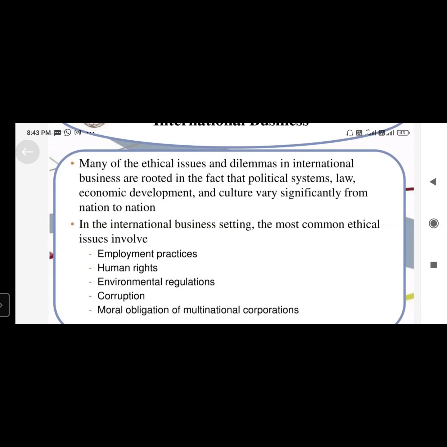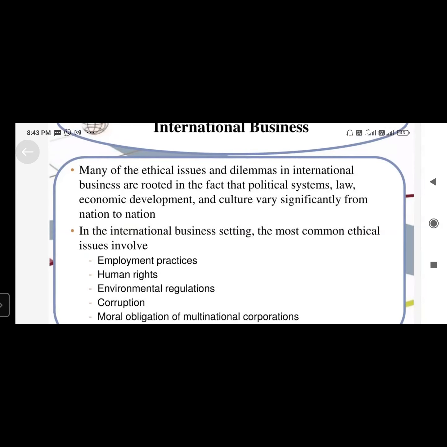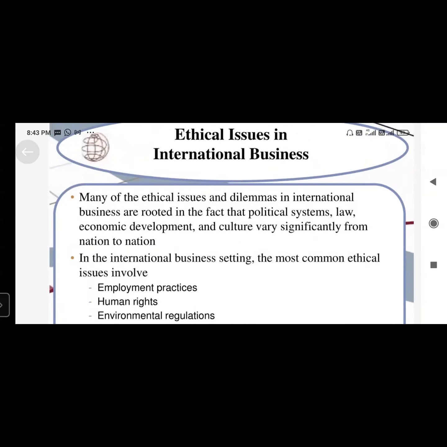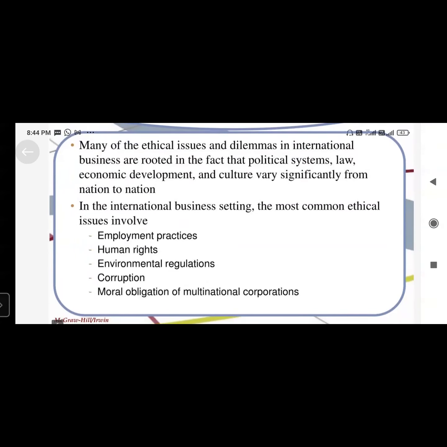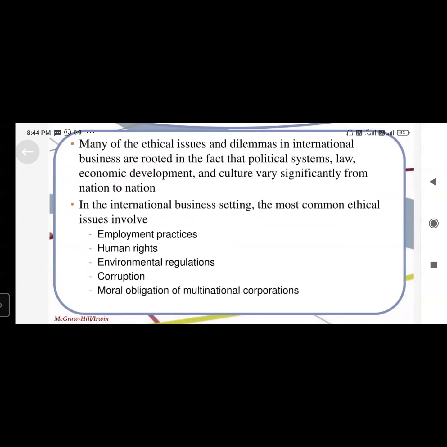In international business setting, the most common ethical issues involve employment practices, human rights, environmental regulations, corruption, moral obligation of multinational corporations.